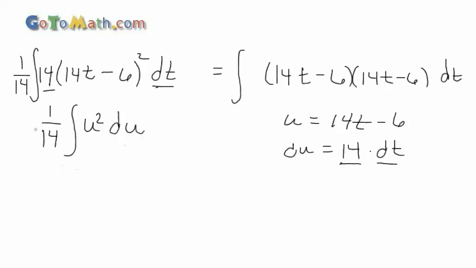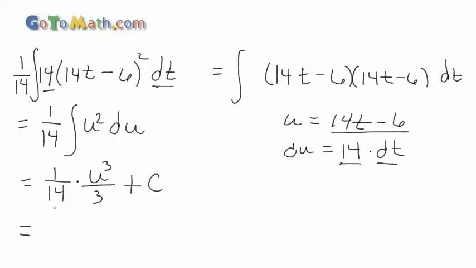So like I said, this is a section or two ahead, okay, but we might as well get it out of the way now. Alright, now we can go ahead and integrate. So we can rewrite this coefficient. We add 1 to the exponent, and we just put that exponent down below, right? And don't forget our c. We don't want to forget the c here, remember? Now what we have to do is the back substitution, where we get everything in terms of t, and we plug in the 14t minus 6 into here.